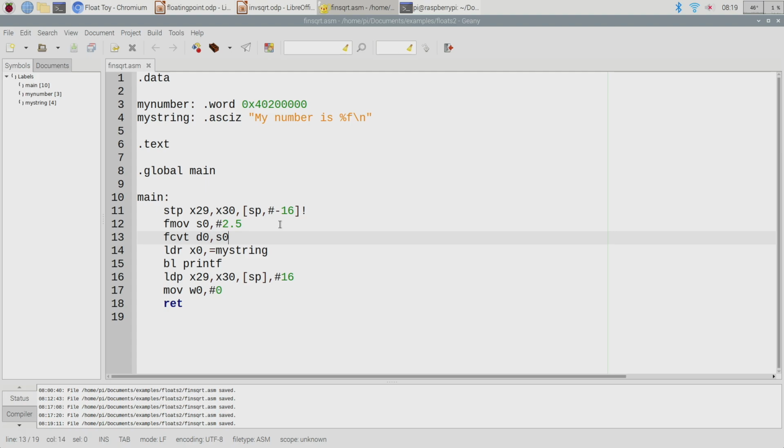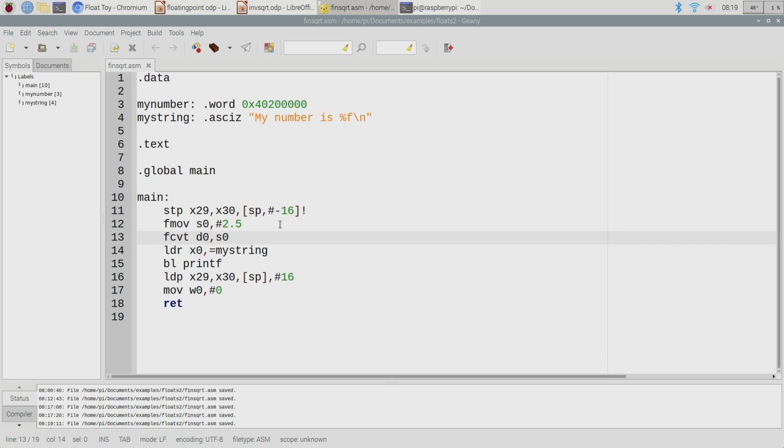So if you convert a 64-bit float to a 32-bit float, what could happen? Yeah, you might lose some precision. Now, with a simple number like 2.5, we wouldn't. But if we were trying to be really, really precise with something, then that could be a problem.